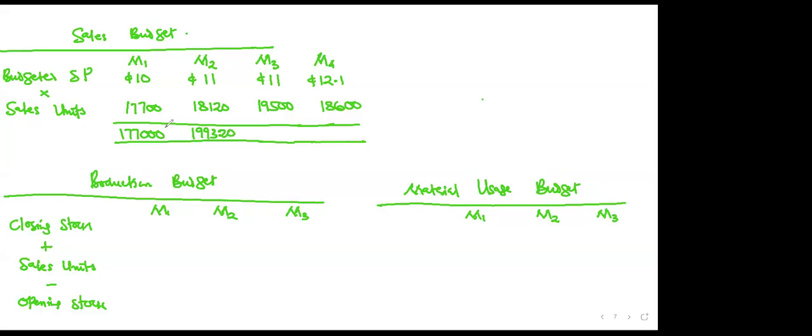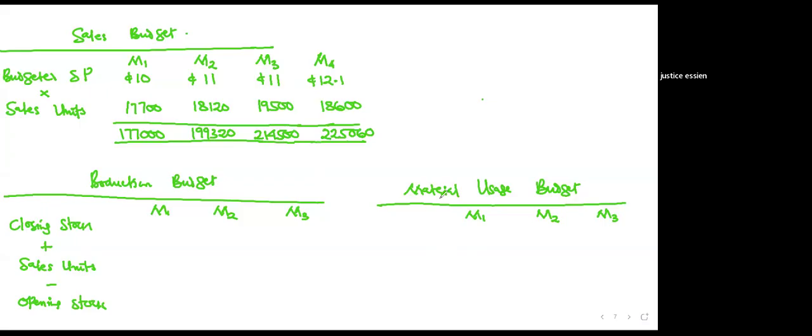Then month 3, 214,500. Then month 4, 225,060.